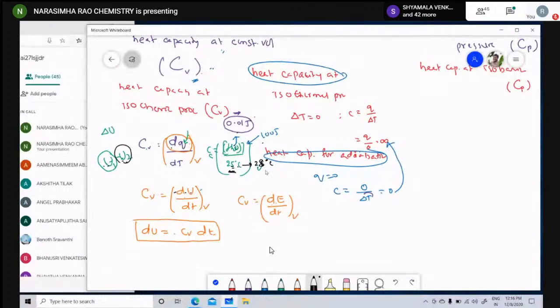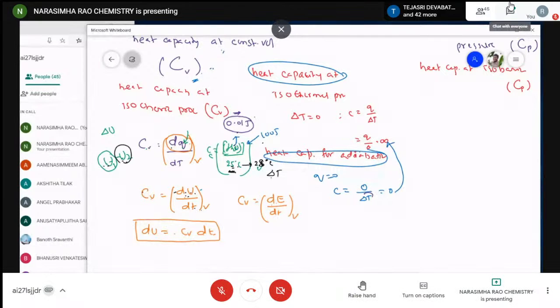The difference is delta T. Now delta U upon delta T, so delta U is equal to Cv dT, by cross multiplication. Does anybody have a doubt, children? Clear, sir.